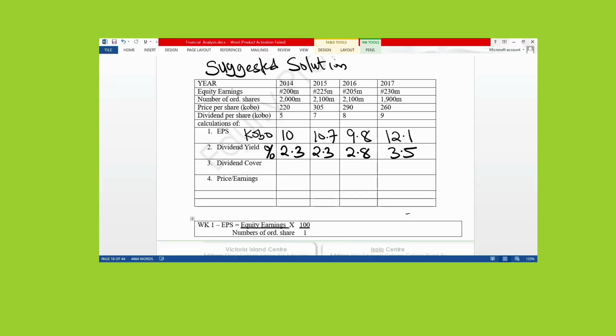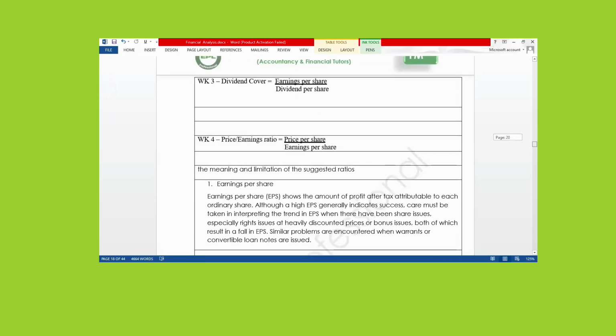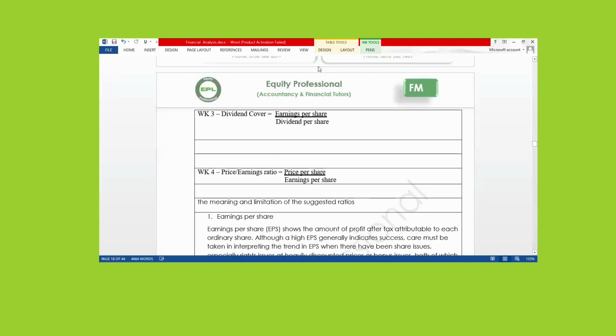It measures the number of times the profit after tax covers the dividend payment, calculated as earnings per share divided by dividend per share.